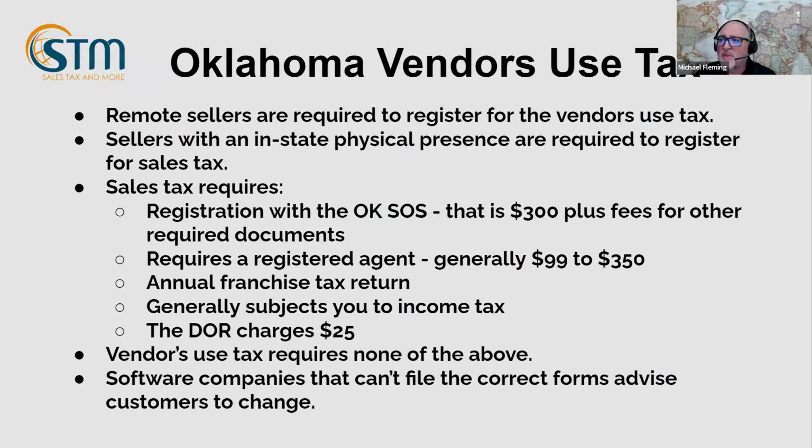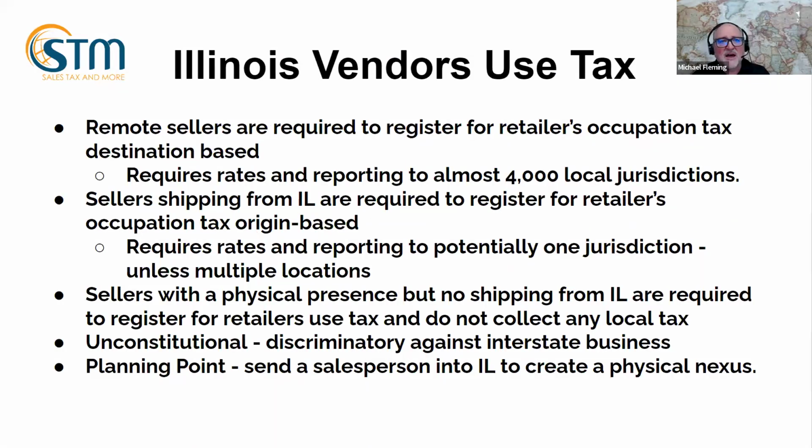Another one is Illinois. Now, I said the complete auto transit, four-prong test was pretty easy to pass. Well, the politicians up in Illinois have figured out a way to really mess it up. So remote sellers are required to register for the retailer's occupation tax.